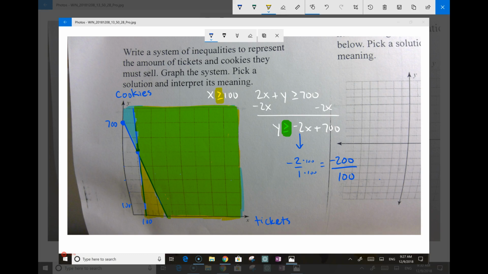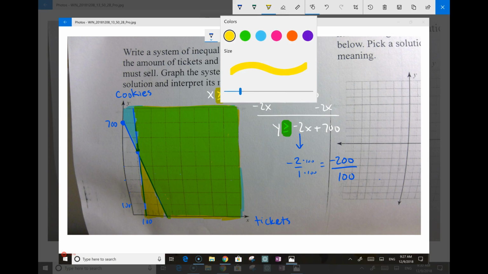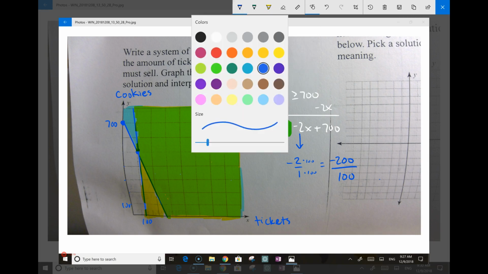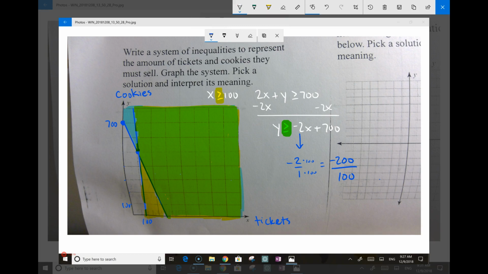And so if I were to take any point within this space, let's say I grab this one right here. If this is 100, 200, 300, 400, so this is 400, and this is at 600. First of all, it's good to know what these numbers represent.